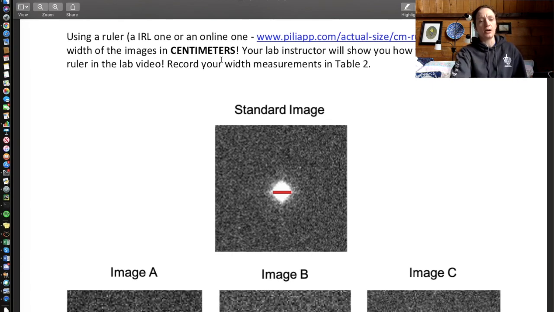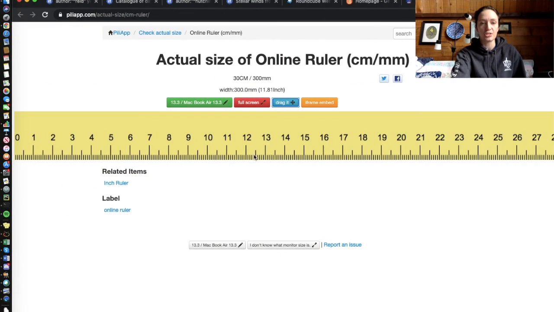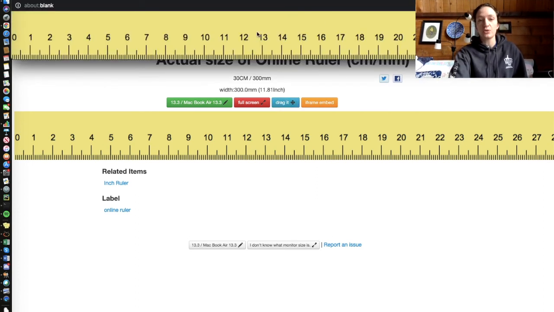I'm using a MacBook Air, like a 13-inch screen, something like that. So you click on the link and it brings you to this page. It'll have a little pop-up asking, are you using this format computer, this width, blah, blah, blah. Then you can click the blue button here that says drag it, and you'll get a nice little pop-up of the ruler.